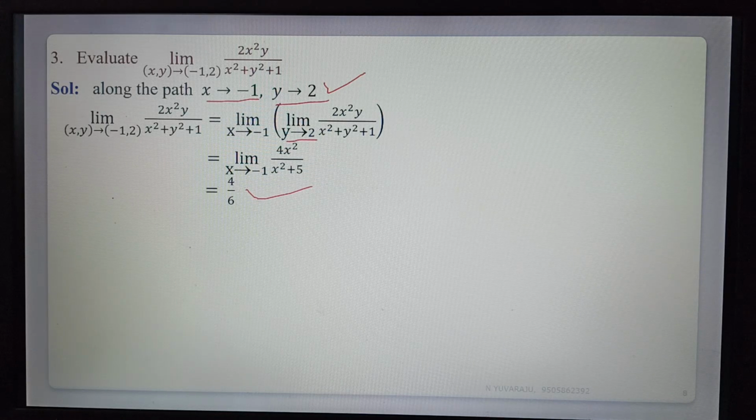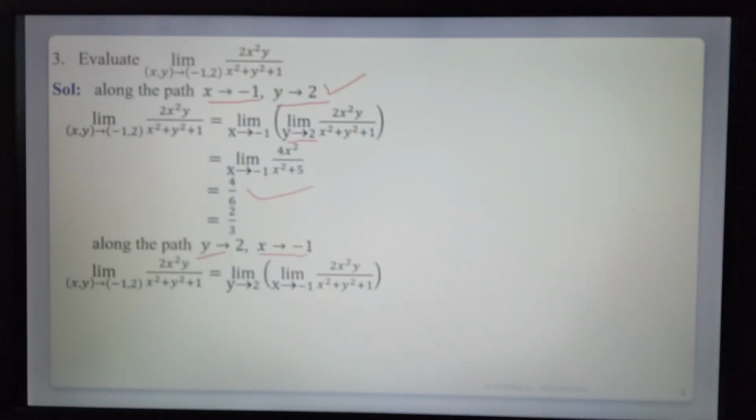Next, the second path is y tends to 2, then x tends to minus 1. Along the path y tends to 2, x tends to minus 1, that is limit y tends to 2, then limit x tends to minus 1 of 2x square y by x square plus y square plus 1. Substituting x equal to minus 1, we get 2y by y square plus 2.